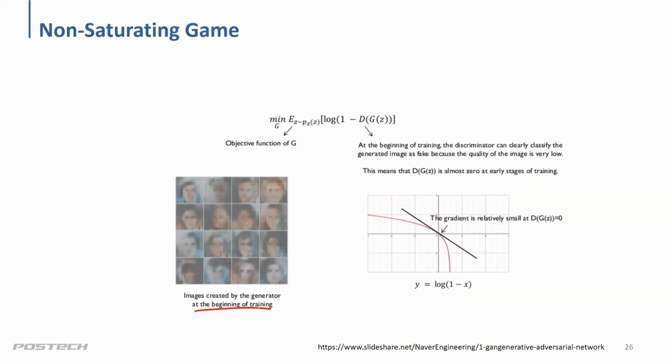At the beginning of the training process, this one is log of 1 minus D of G of z.